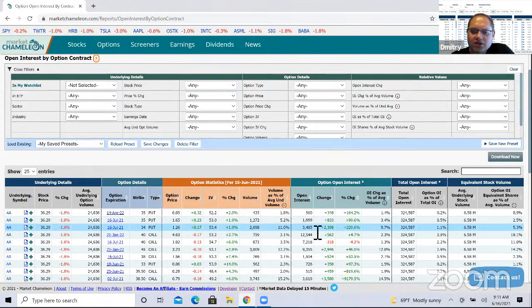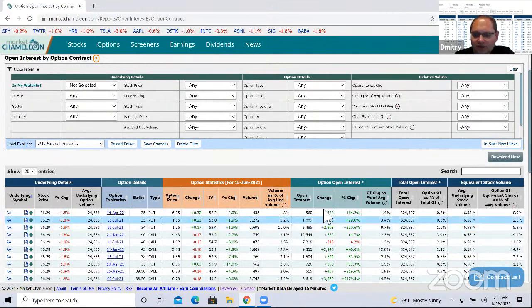Because of that, we need to measure this against a benchmark. The only way to do that is to look at historical benchmarks to assess whether this is more than usual, average, or maybe below usual. So we need certain types of benchmarks to start measuring the open interest on these contracts.